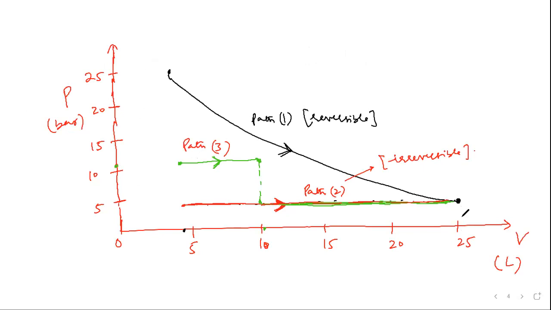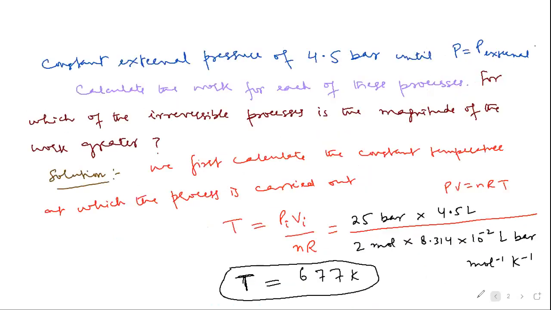Here the final volume is 25 liter, initial is 10.2. Here 10.2 is final and initial is 4.5 liters, right?